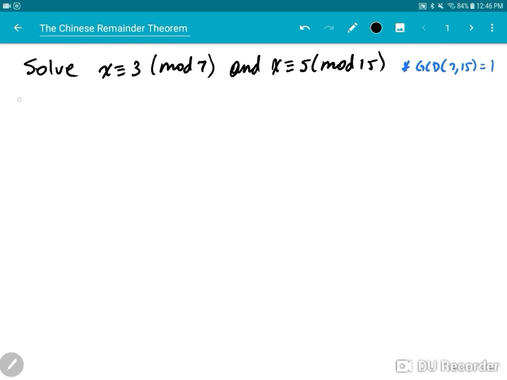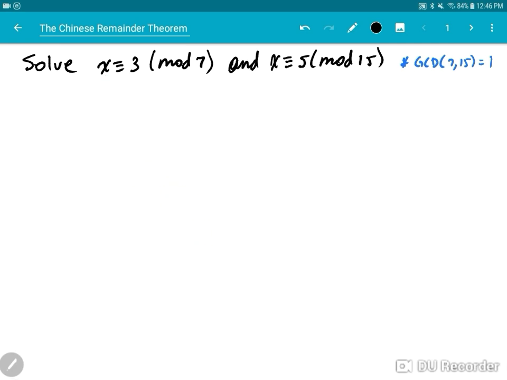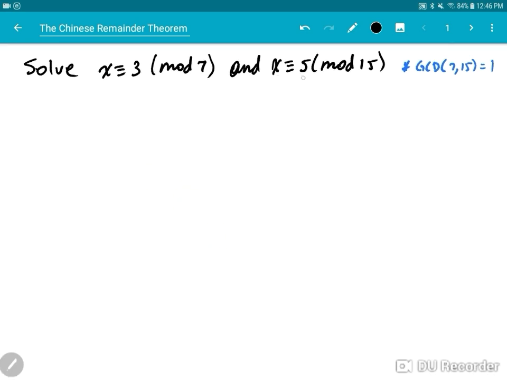All right, now so the problem is x is congruent to 3 mod 7, and it's also congruent to 5 mod 15. So that number must be congruent to 3 mod 7 and also congruent to 5 mod 15. So if x is supposed to be congruent to 3 mod 7, then x can be any one of the following numbers.